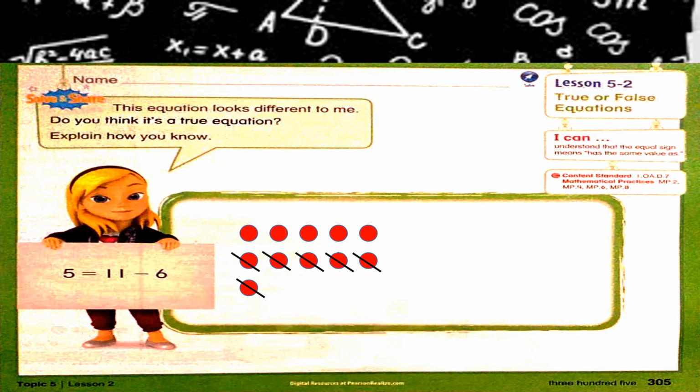Now we have to count the rest of the counters to see if it's equal to 5. 1, 2, 3, 4, 5. So, yes, it is equal to 5. So, we replace 11 minus 6 by 5, and we have 5 equals 5. We have the same number, so it's a true equation.